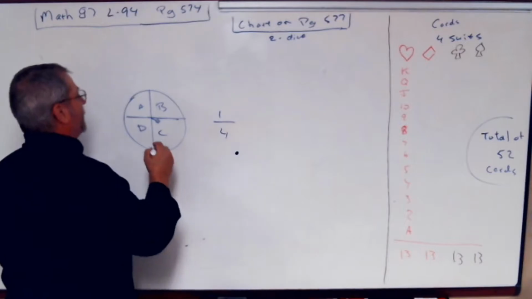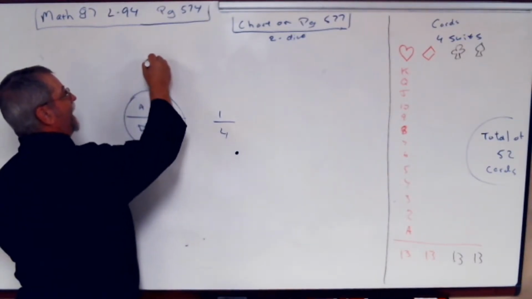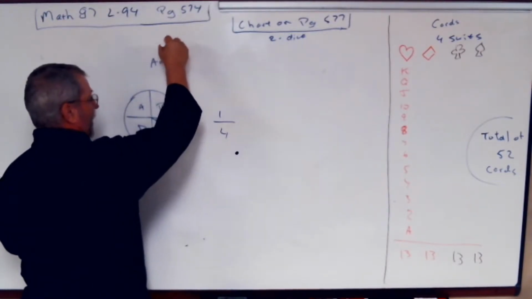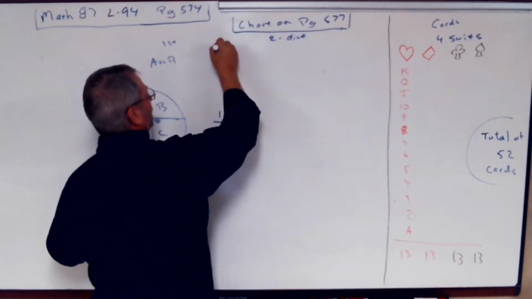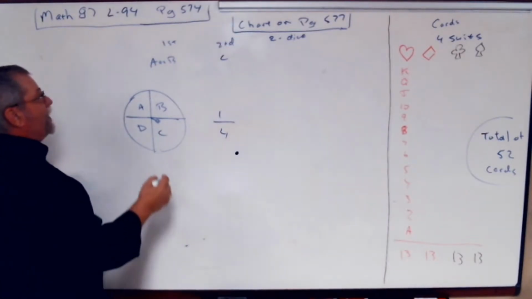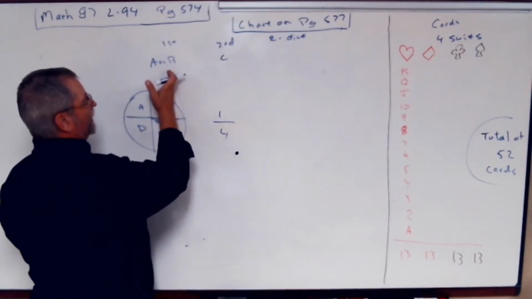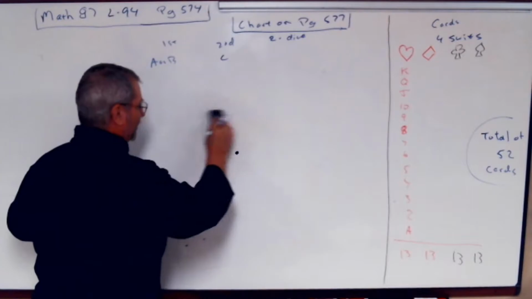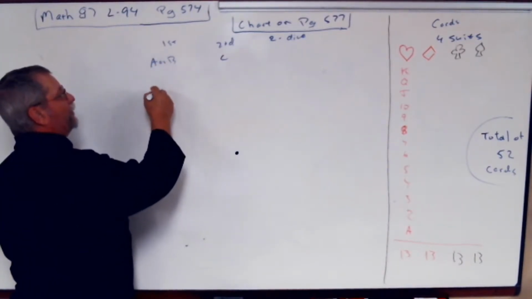What if I said I want the spinner to stop on A or B the first time, and I want to spin it again, and the second time I want to get C? Make sense? So what's the probability of getting an A or a B? Well, there's 4 total, and there's 2 here.